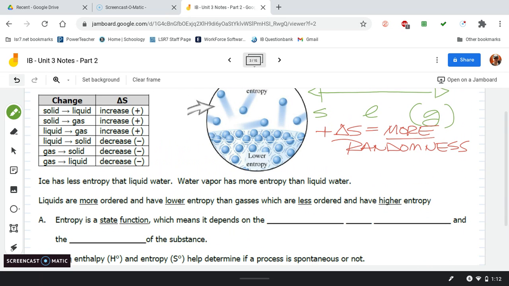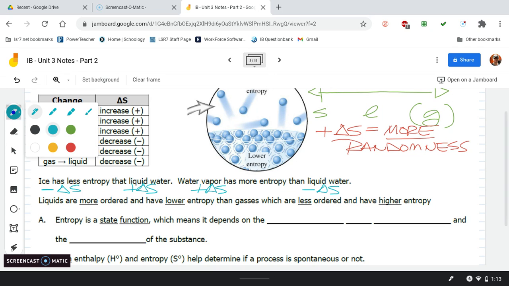So it says ice has less entropy than liquid water. We're saying ice would have a lower S and liquid water a higher S. And water vapor has more entropy, so it has the positive, more S, more randomness versus less randomness. That's the way you want to think of it.